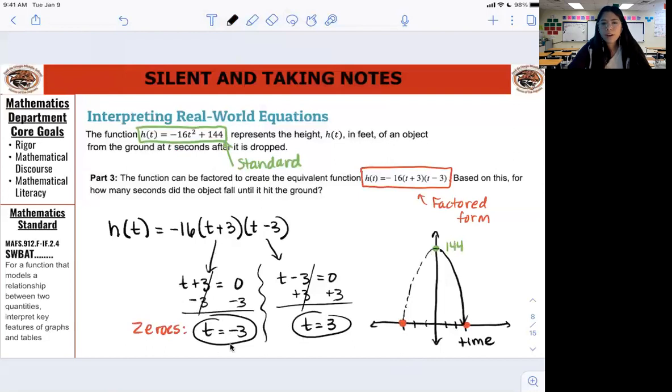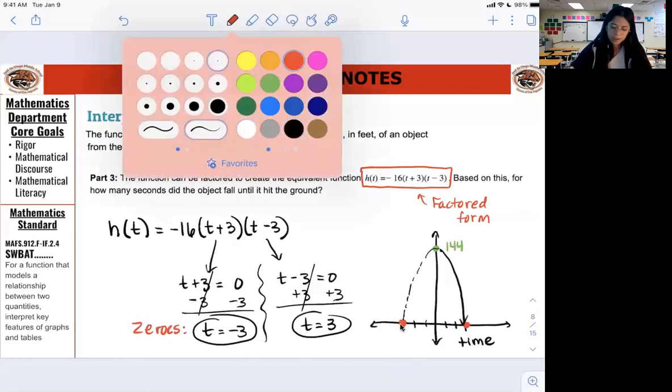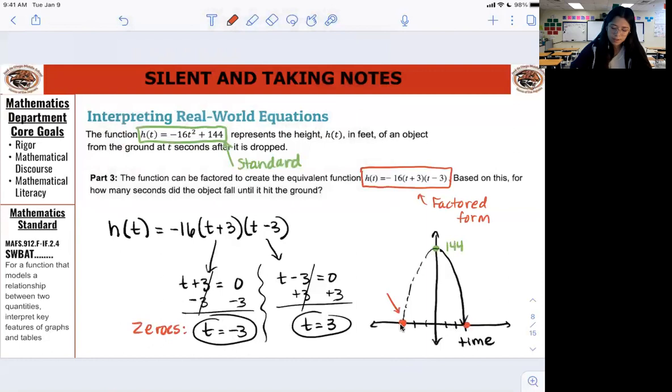So even though there are two x-intercepts, one of them works and the other one, there's a word that we learned yesterday, is not viable. Good. It will be a half parabola. So only this part of the graph makes sense in the real world. The other part of the graph does not make sense in the real world.